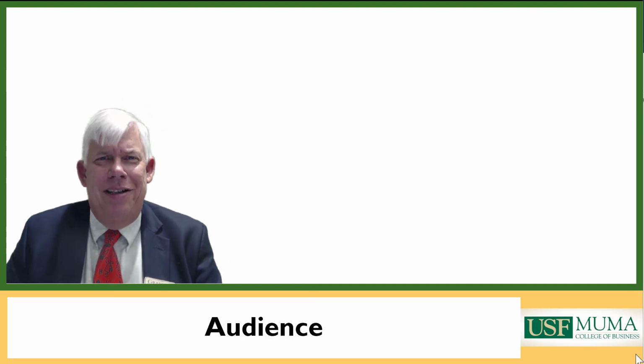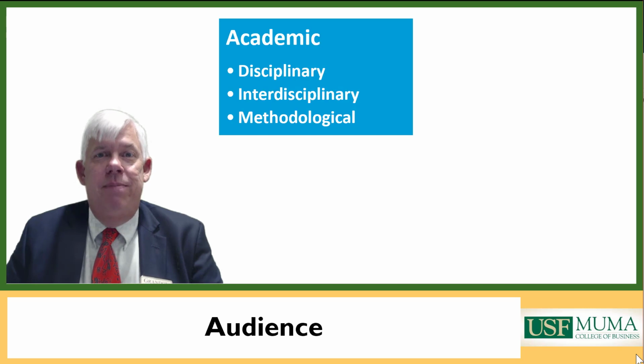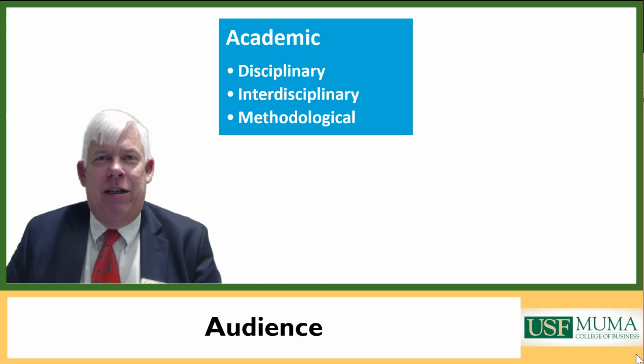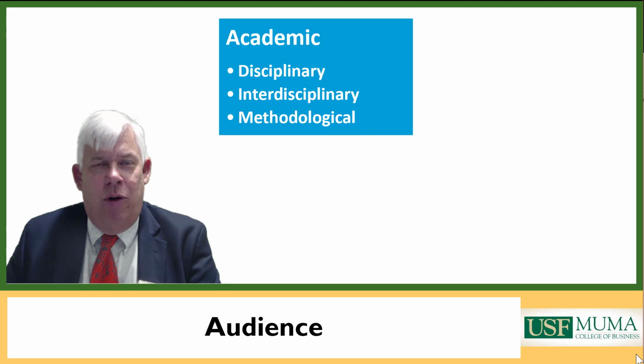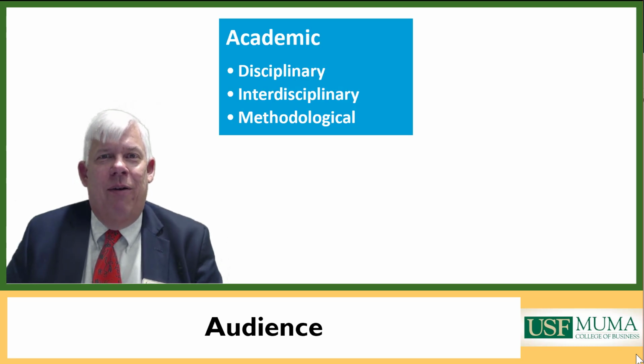Since this presentation is being done from a social science perspective, there are normally 3 distinct audiences that you might target for any given paper. The first of these is the academic audience, the research community. And even within that community, you might be targeting disciplinary researchers within your discipline, interdisciplinary researchers that could apply across the spectrum of disciplines, typically within your area.